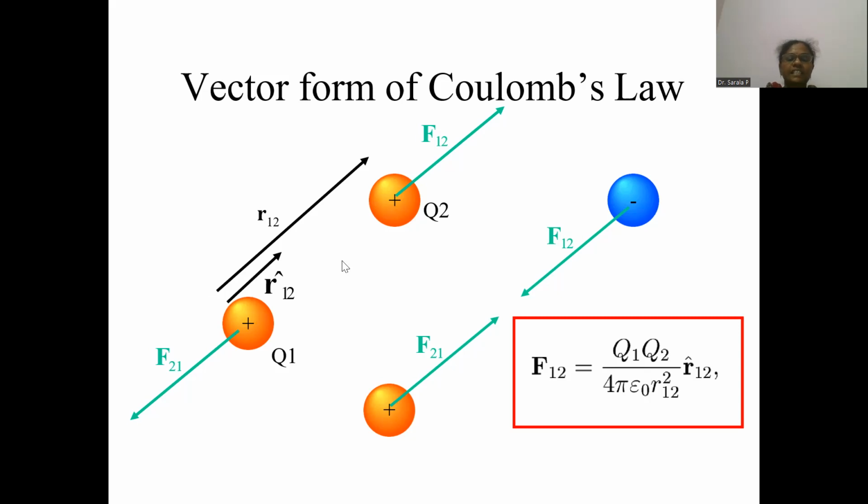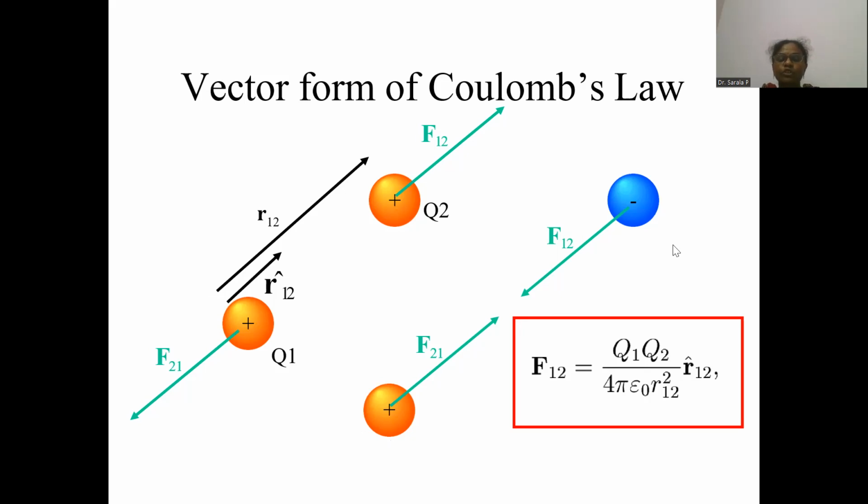This R12 is explained as a unit vector, that is the distance between Q1 and Q2. The vector is nothing but something having direction as well as magnitude. So here the direction of force is given and the magnitude is nothing but the distance.